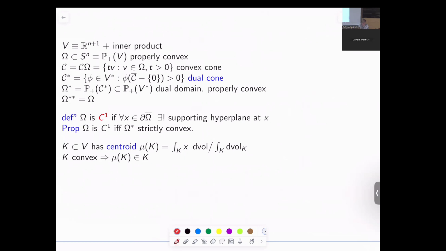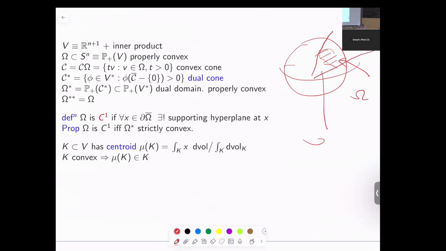So here's the sphere. I've got this domain omega, and then I've got the cone on omega. So this is all sitting in Euclidean space. Then there's the dual cone. The dual cone is a set of dual vectors with the property that they evaluate positive on the closure of this cone with the origin removed.